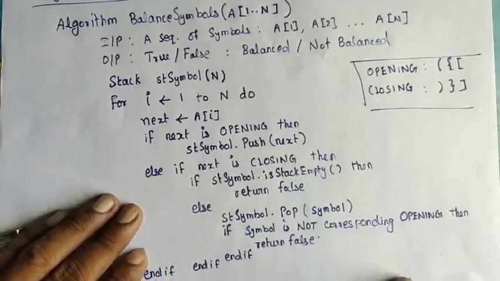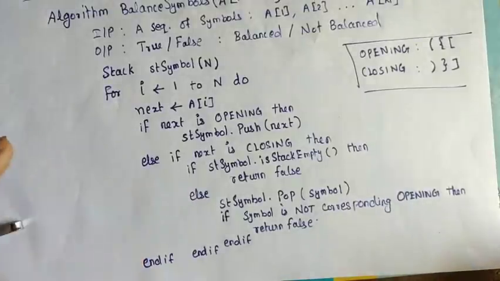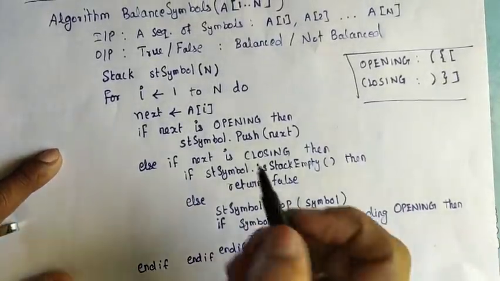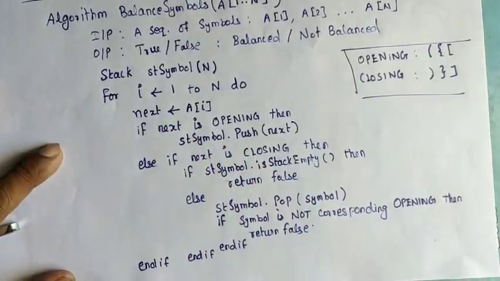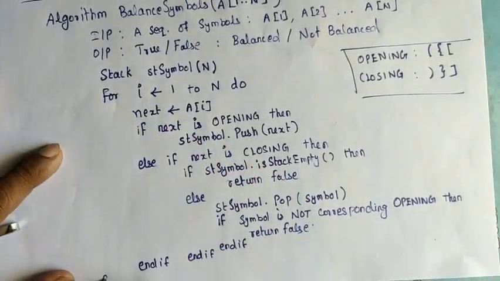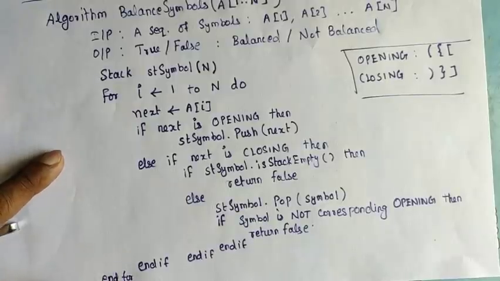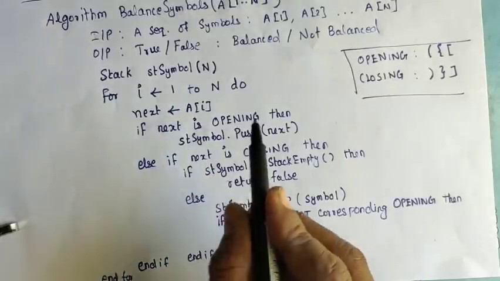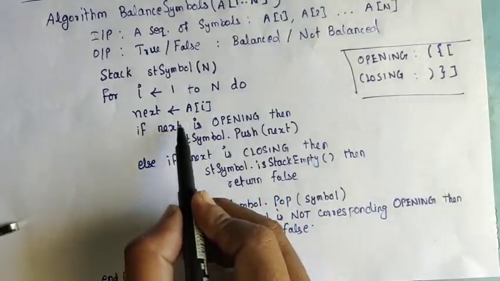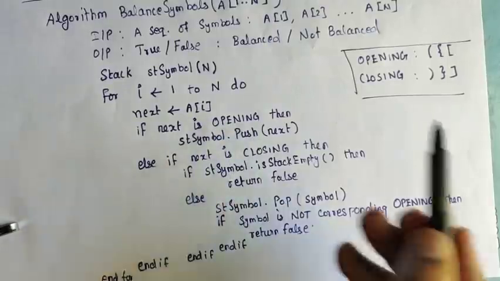Okay, so only these are the two cases we have to process for each character, and then we can complete the for loop, end for. So we start processing the characters one by one. If the character is an opening symbol, just push it into the stack.